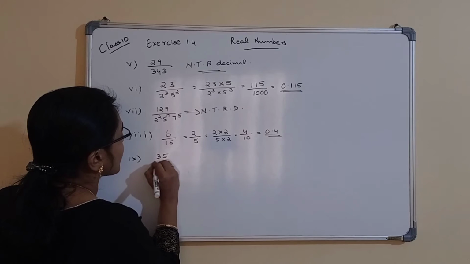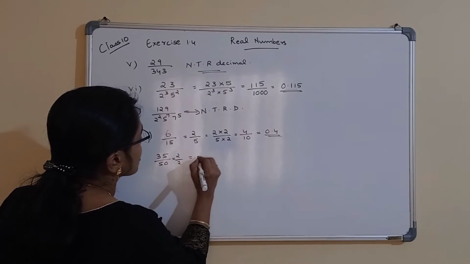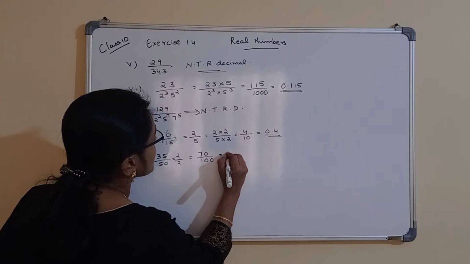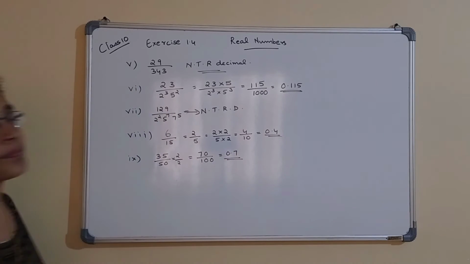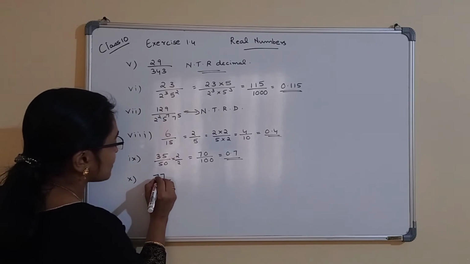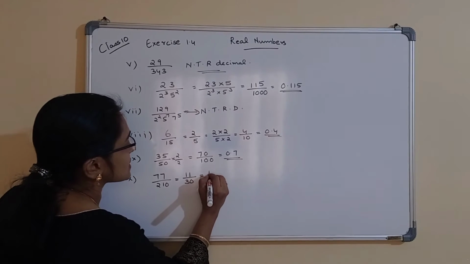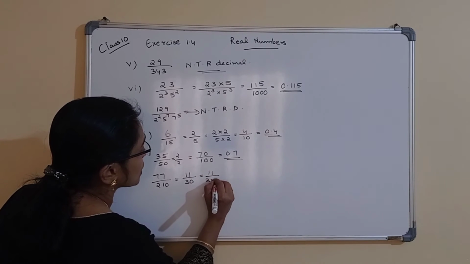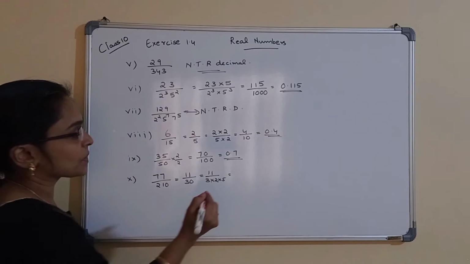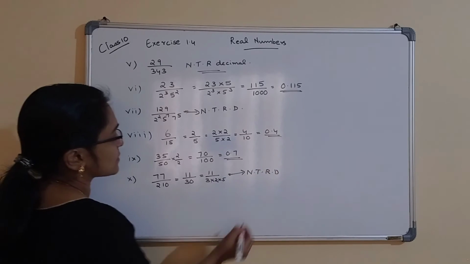Next one, 35 by 50. If we multiply this by 2, we'll get 70 by 100, which is equal to 0.7. Next one, 77 by 210. We can divide by 7, we'll get 11 by 30, and this is equal to 11 by 3 into 2 into 5. So 3 is occurring in the denominator, which means this is a non-terminating repeating decimal.